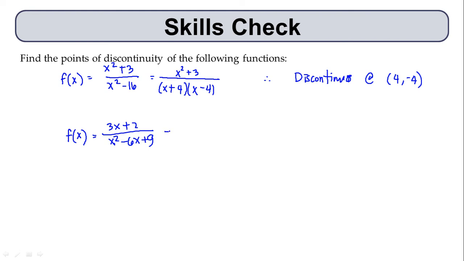Ganun pa rin, i-factor out natin yung ating denominator para mas makuha natin. So, 3x plus 2 pa rin yung numerator. Sa denominator naman, we have actually x minus 3, x minus 3. So, that's negative 6x positive 9.